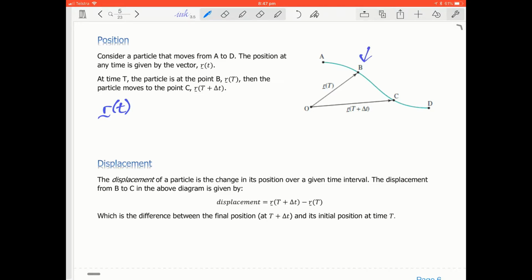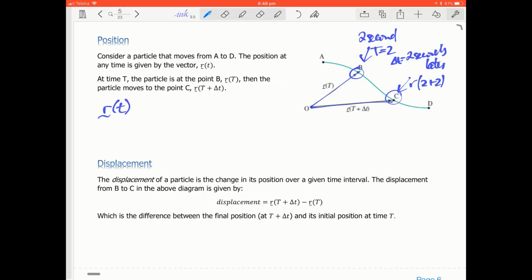So here, if this was 2 seconds, and then this one comes 2 seconds later, this would be r of my initial value, r of 2, that's big T, plus my change in time, which is 2, so that would be r of 4. So we've moved from here, B, to C.